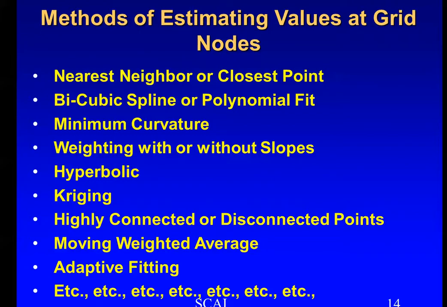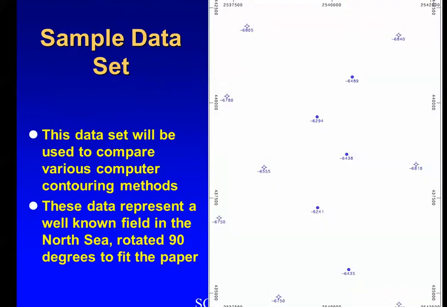Once we've got the neighbors of a grid node, what do we do? We interpolate from those neighbors to the grid node and figure a value at that grid node. And then we throw away all our original data and we go with the grid.